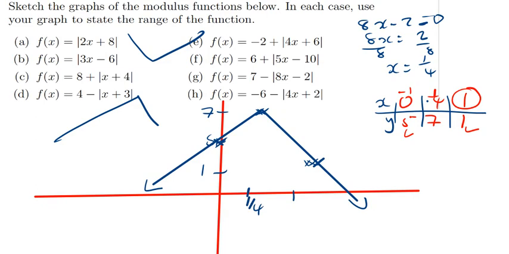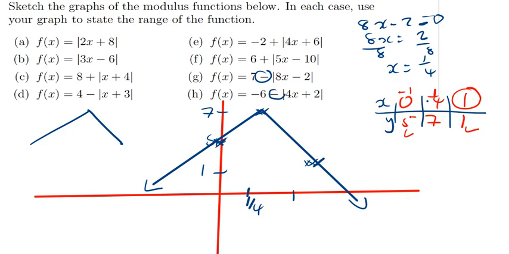I'm going to explain this using two concepts. Just before the modulus, there is a negative here. This negative tells me that this graph will come out like this. So because there is a negative here, me personally, I'll be able to know that the graph will come out like that. But if you still don't understand like that, you are going to have only three points. So I have this point here, this point here, this point here.